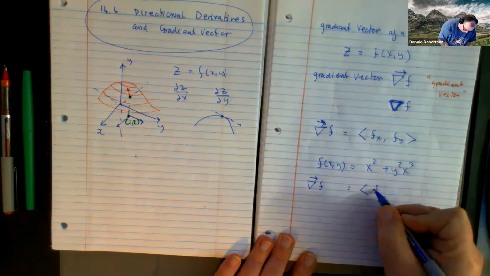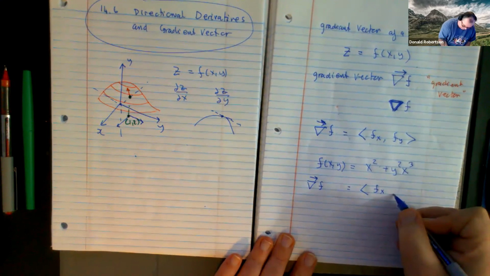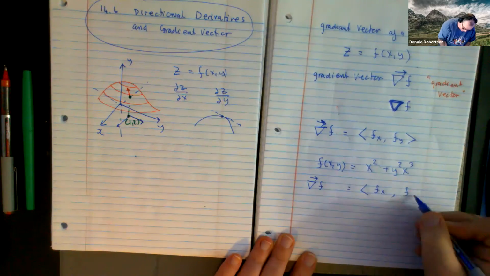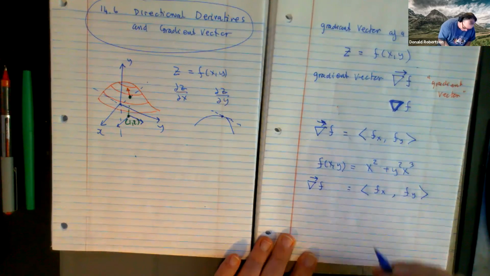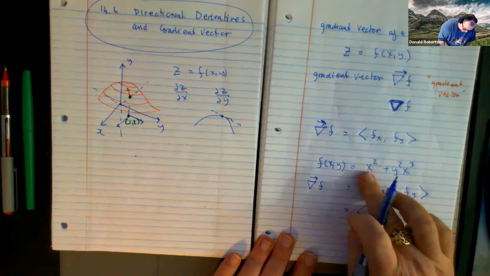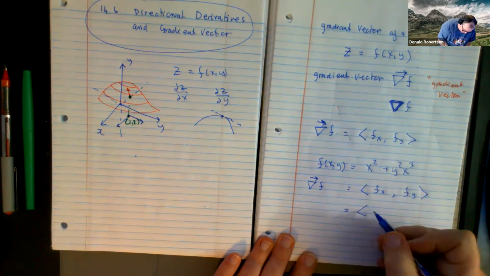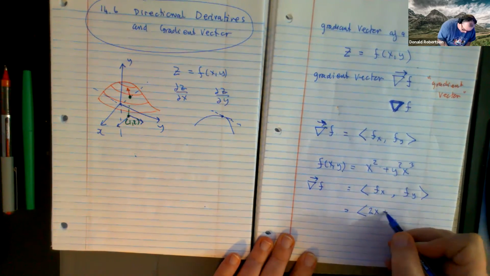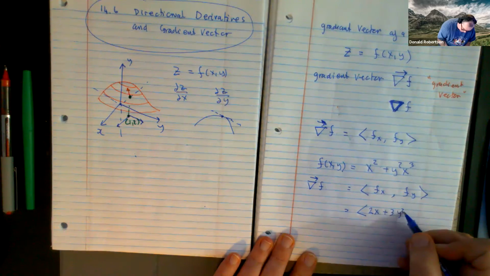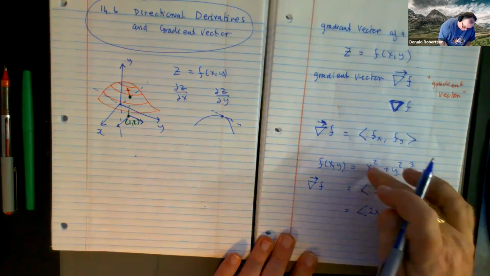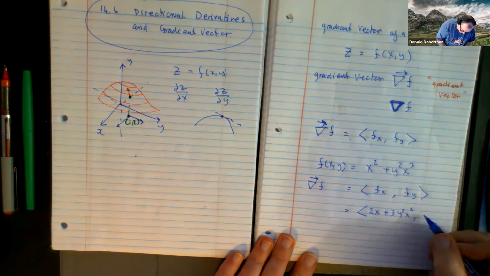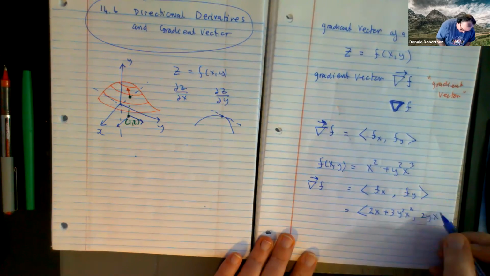Then I differentiate this with respect to x, comma, I differentiate this with respect to y, comma. And when you differentiate this function with respect to x, you get 2x plus 3y squared x squared. And when you differentiate this function with respect to y, you get 2y x cubed.